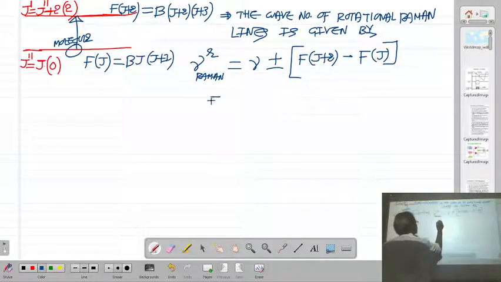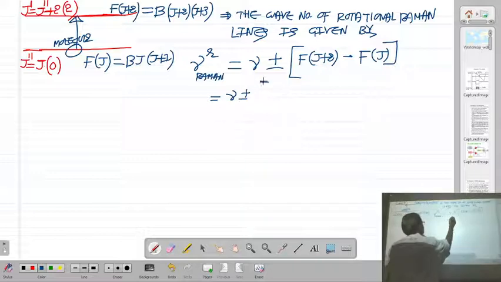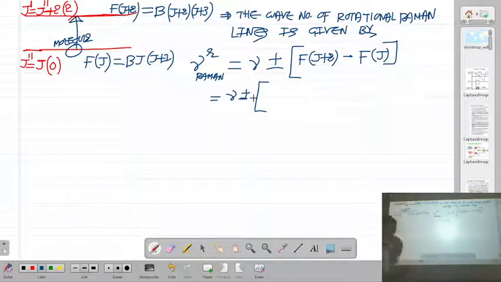So it is equal to nu plus or minus. What is the rotational term value of the upper rotational state j plus 2? Because we have considered two rotational states. j is the lower rotational state and j plus 2 is the upper rotational state.